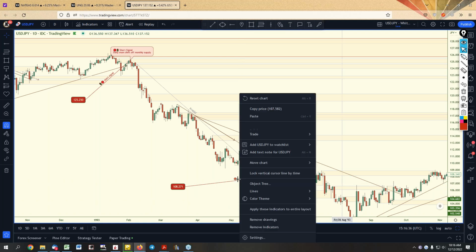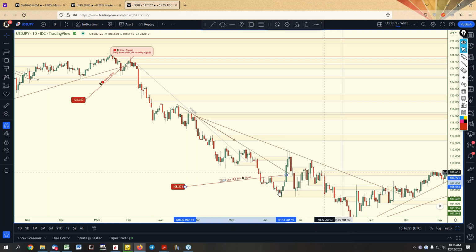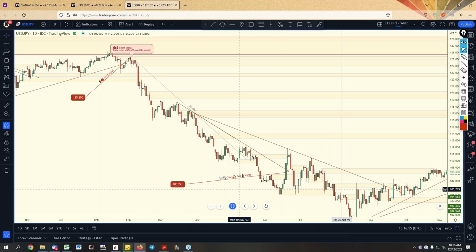Exit here. That's a stop. Well, yeah, you could have a stop above that, or be waiting for proper price action to confirm. Exit signal, exit signal. There you go. Chart exit signal. There we go. Okay. So that's what you would have.